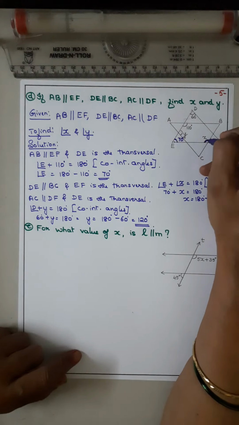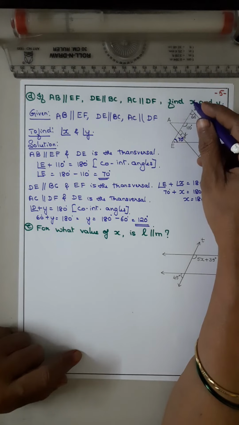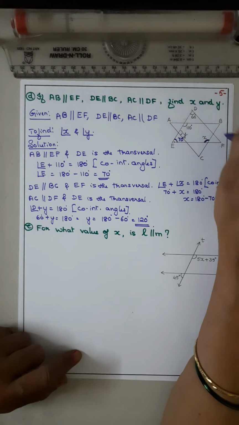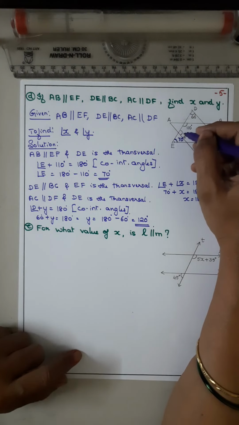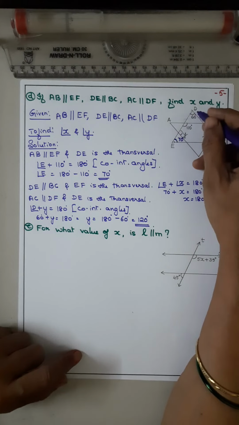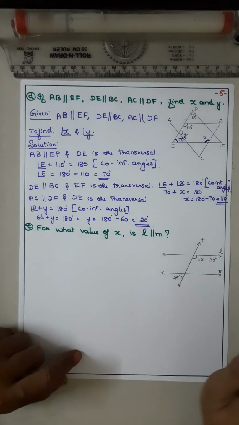With that you found X. Last, AC and DF with DE as the transversal, so it is Y plus 60. All are co-interior angles.